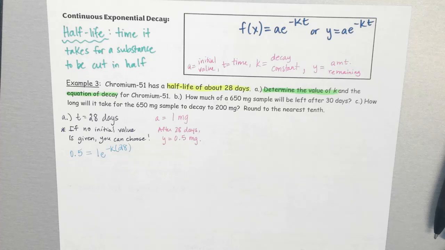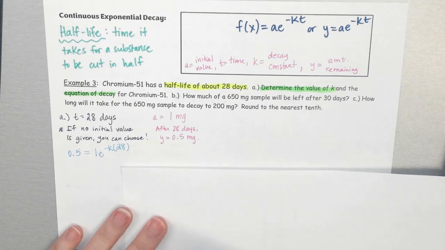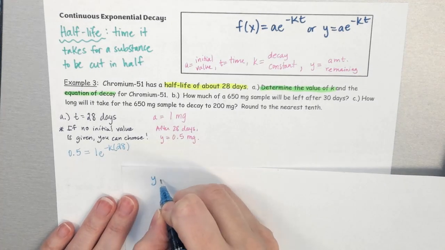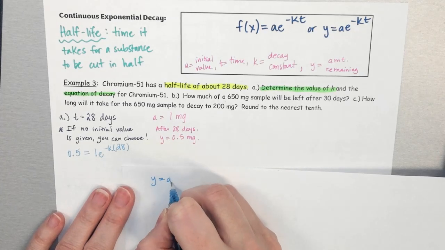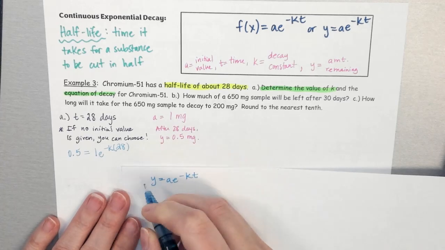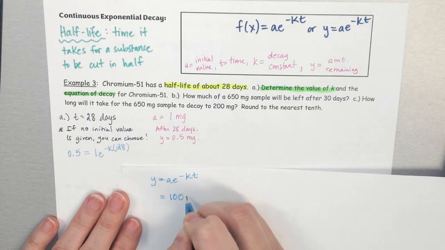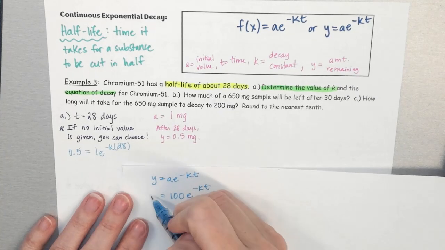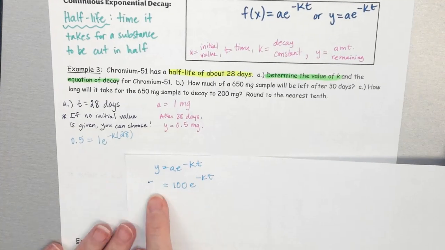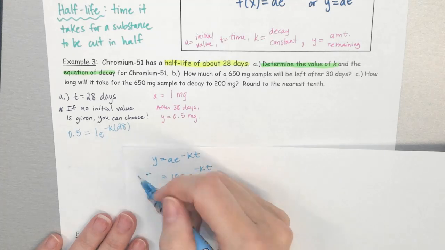Now, I said that you could start with anything, right? Somebody give me a number. You guys have a favorite number? 100. Okay, so if you start with 100, in the same equation, you don't have to write this down. We're just going to look at it. No matter what these values are here, how much would you have remaining after 28 days? 50.